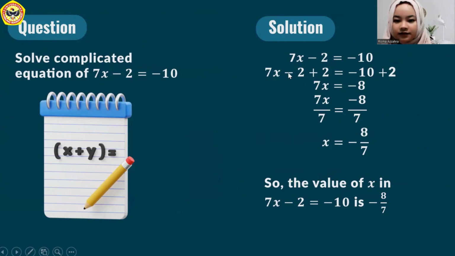So 7x minus 2 plus 2 equals minus 10 plus 2. We just have to do this operation. So in the end, we have x equals minus 8 over 7. So the value of x in 7x minus 2 equals minus 10 is minus 8 over 7.